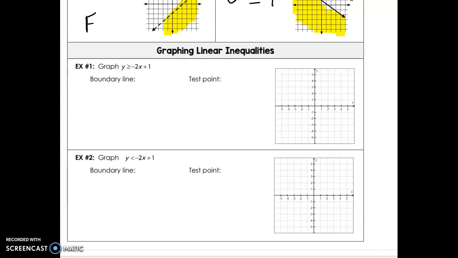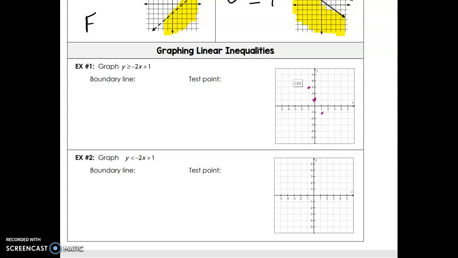All right, now this one wants you to graph it. So graph it and then go from there. So hopefully we can all graph a line up 1. So this is your starting point. And then we want to go down 2, right 1, or up 2, left 1. So here is your line, and I'm going to do my best.